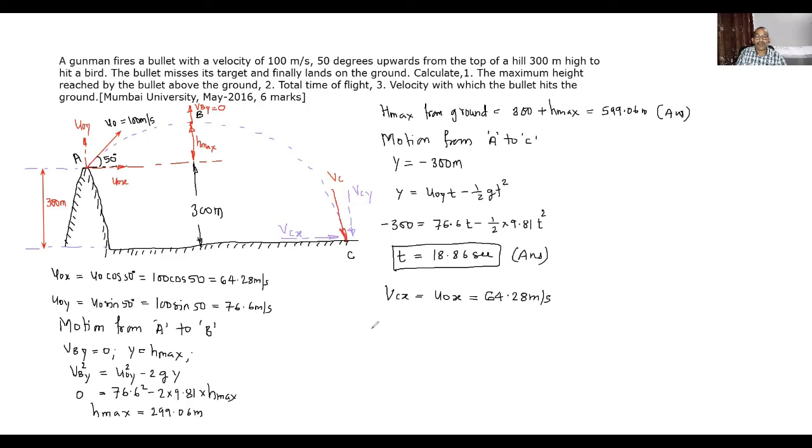Vcy, if you want to find out, you know the time of flight. Therefore, if you use the equation of Vy, that will be in terms of time t. That means Vcy equals u0y minus gt.